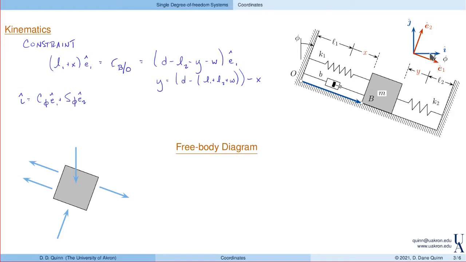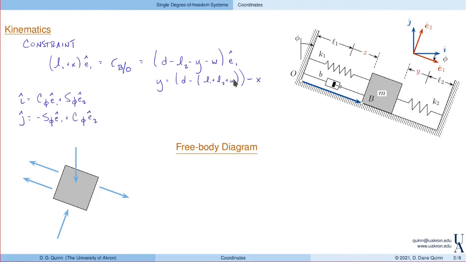So again, if we want to go from here to there, we go out by cosine in the E1 direction, and then we go up by sine in the E2 direction. Likewise, J, we would see is minus sine in the E1 direction and cosine in the E2 direction.